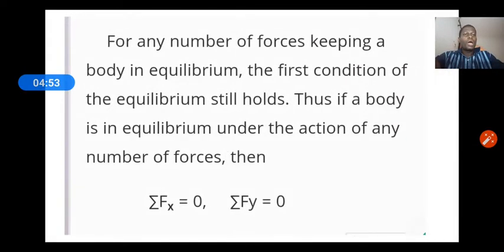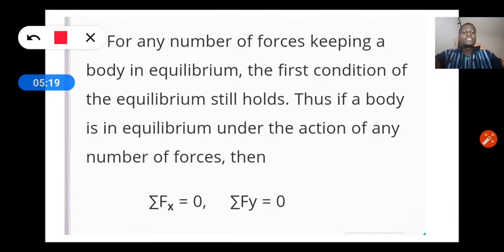Now for any number of forces keeping a body in equilibrium, like the forces we saw now, remember, we talked about this condition. This is a very important condition when we talk about equilibrium. The first condition of equilibrium still holds.